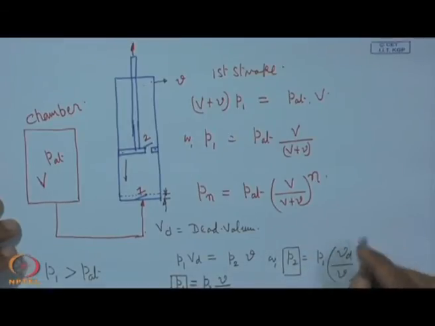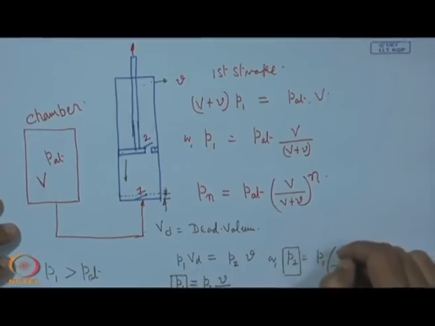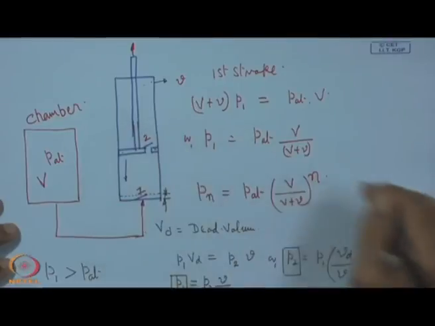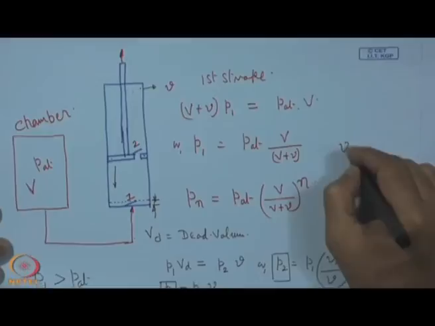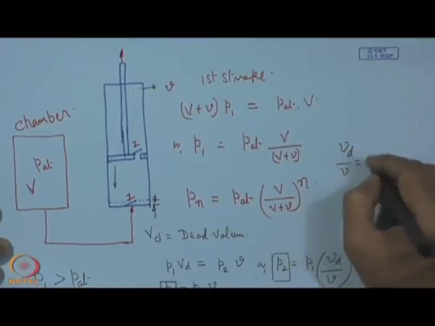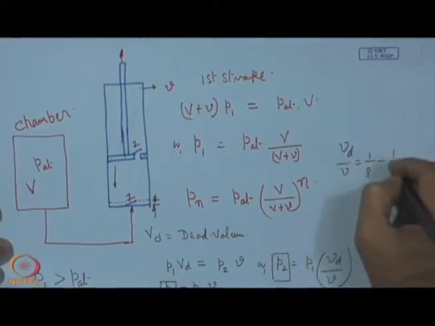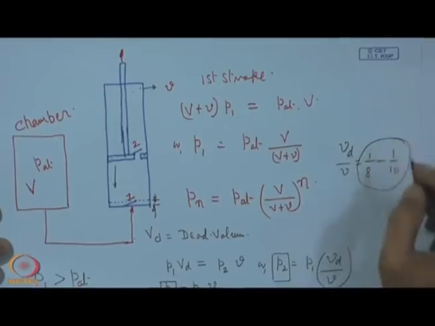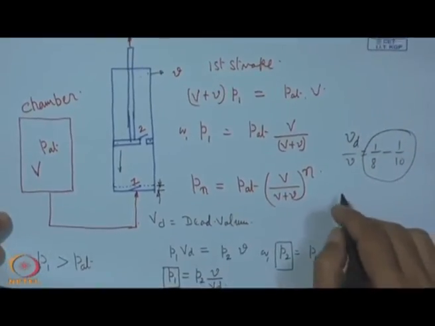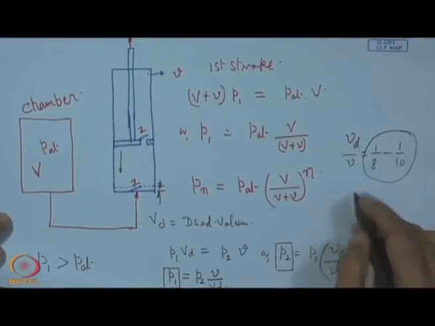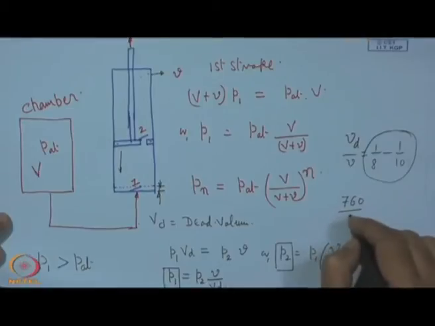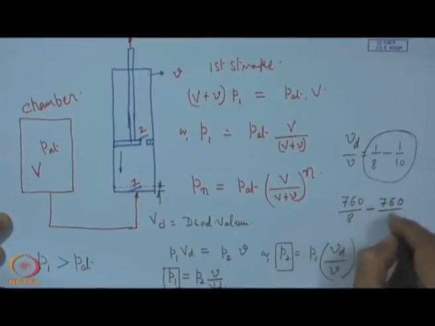So, this way we can see this limitation, and this ratio of the dead volume to the volume of the barrel, Vd by V, is about 1/8 to 1/10. As a result, the pressure that can be attained will be around 760 by 8 or 760 by 10.